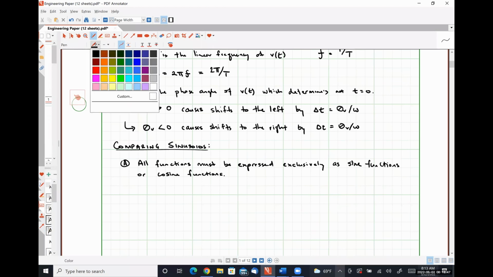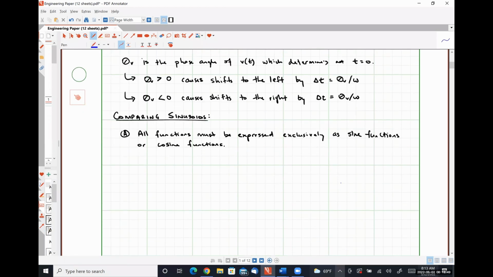So let's say that we had a signal VA of t that was 8 cosine 5t plus 10 degrees volts.